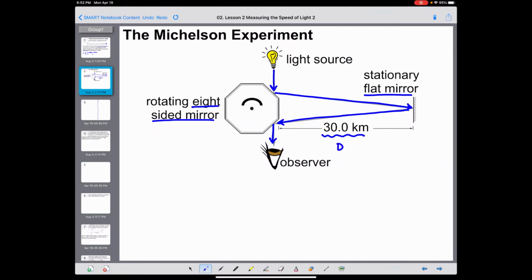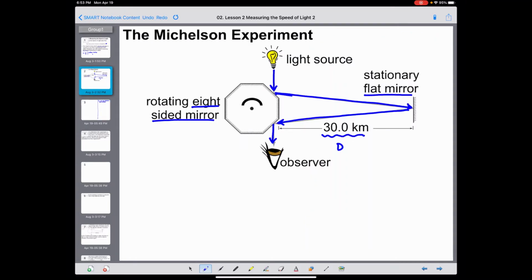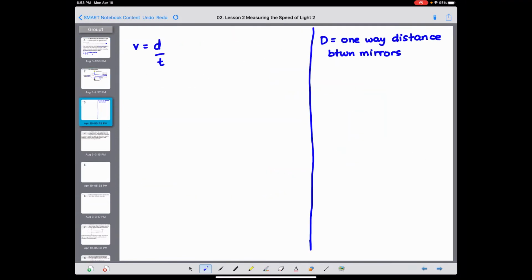We're going to call that capital D, just to distinguish it from lowercase d here. So capital D is going to be the one-way distance between mirrors. Because the light goes from one mirror to the other and then back, it's going to be 2 times capital D all over T.